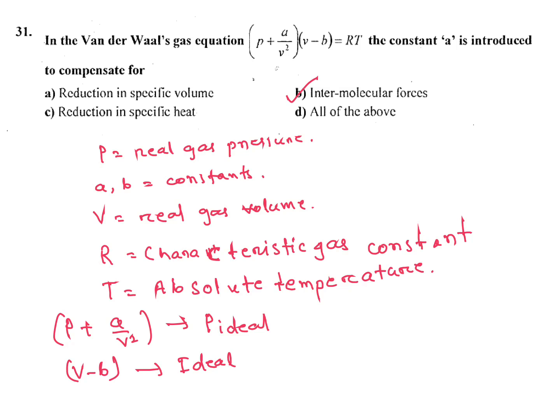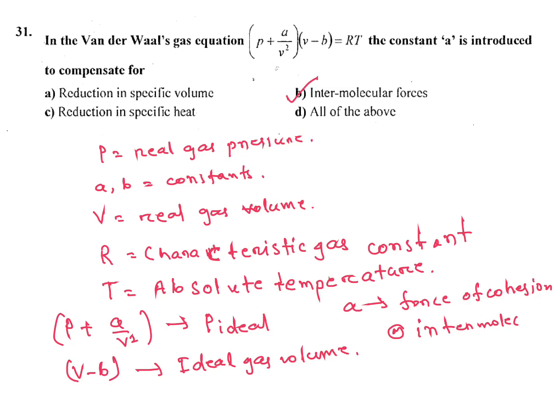A is for compensation of force of cohesion or intermolecular forces, and B is used for compensation of volume. Sometimes B is also asked in the IAS examination. A, B both are important.